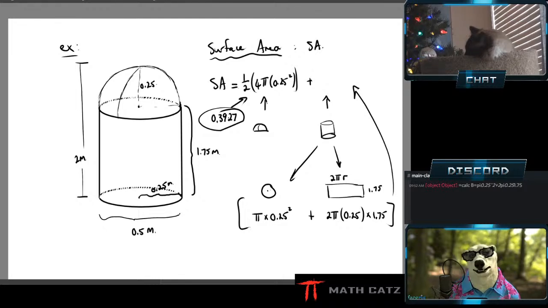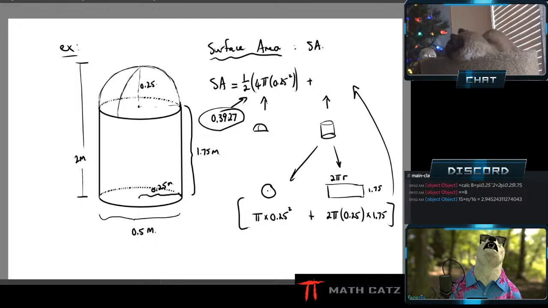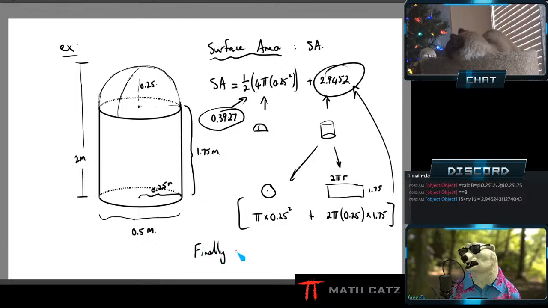And then we get the number I left space for, 2.9452, and that's my other one. So then finally, I'm going to write finally because I'm happy to be at the end here. Surface area is those two numbers multiplied together.